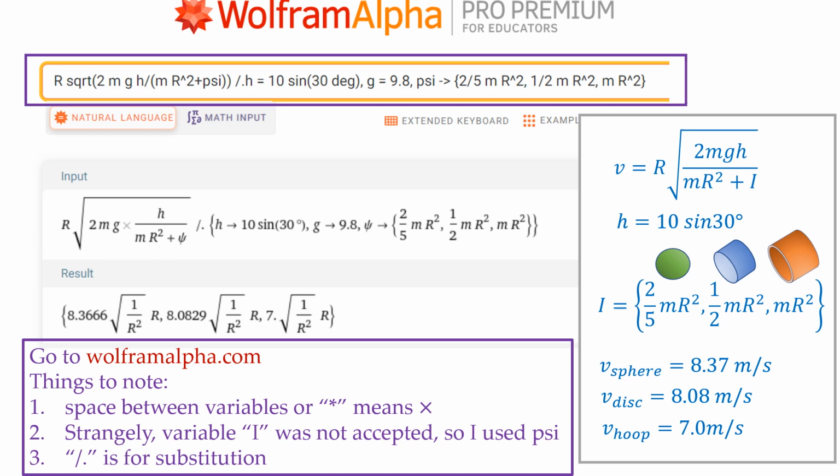It is important to note that a space between variables or an asterisk means multiplication. Strangely, the variable I, which was meant for moment of inertia, is not accepted. So I used psi, which is a Greek letter. And lastly, slash and dot is for substitution.